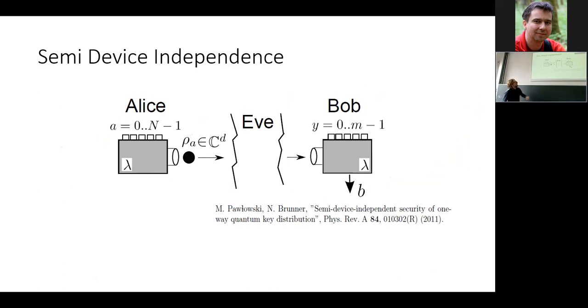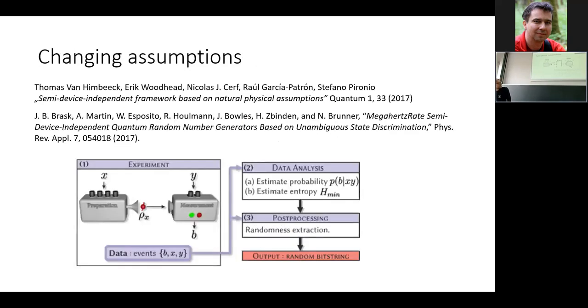Our first idea for this small assumption was a bound on the dimension of the Hilbert space that the qubits, the quantum systems, are encoded in. We tried to argue that by looking at the sender's device, it's possible to put an upper bound. I don't know how reasonable it is. It seemed a good idea in 2011. Later, there were other assumptions, but all of them suffer from the same problem.